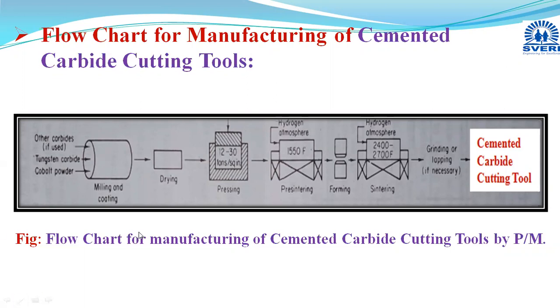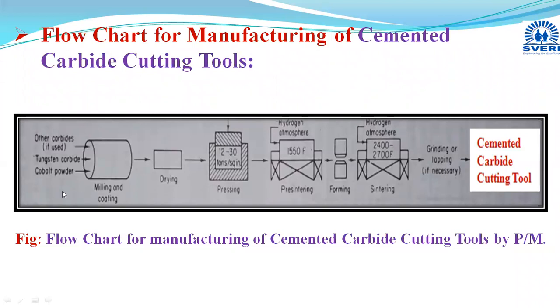Whichever binders you are using in this cemented carbide cutting tool, you have to take 20% of the binders, which may be metals or their alloys, and the remaining 80% will be the respective carbides, which may be tungsten carbide or molybdenum carbide.